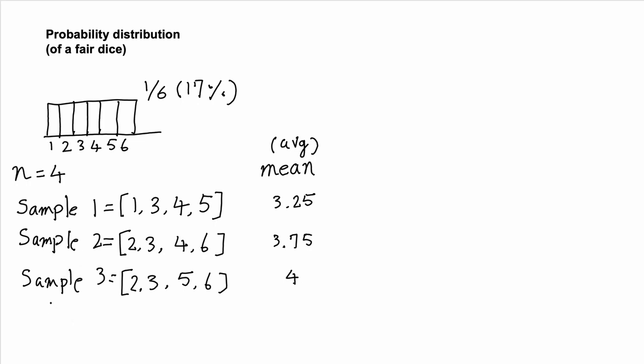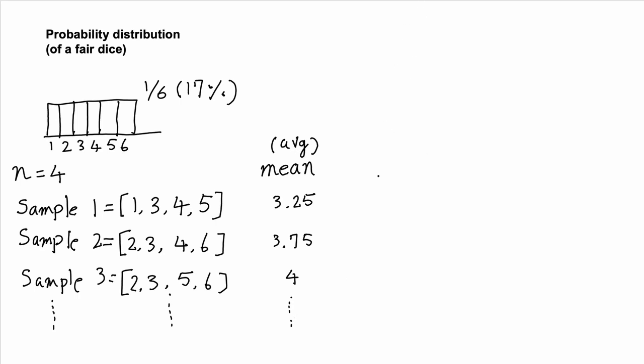And I'll keep doing this. I'll take many more samples. In fact, I'm going to take like hundreds of thousands of samples. And for each sample, I'm going to calculate the sample mean. So I'll end up with a lot more of these.